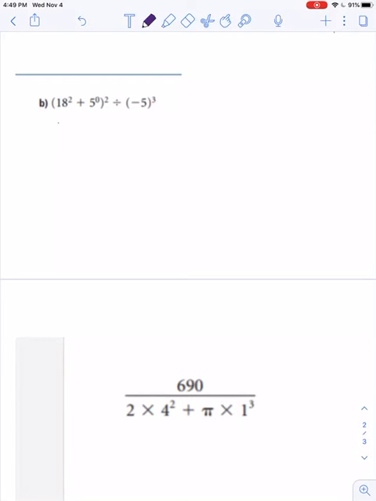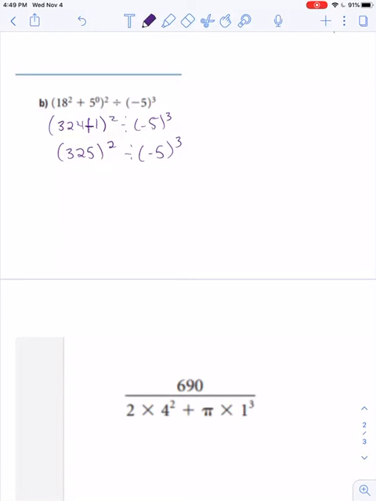That's 18 times 18, which gives us 324, plus, and we've seen exponent 0 before, 5 to the exponent 0, that would be 1. So I'm going to write all the rest of my equation. Now we're going to do our addition in our bracket. 324 plus 1 would give us 325.